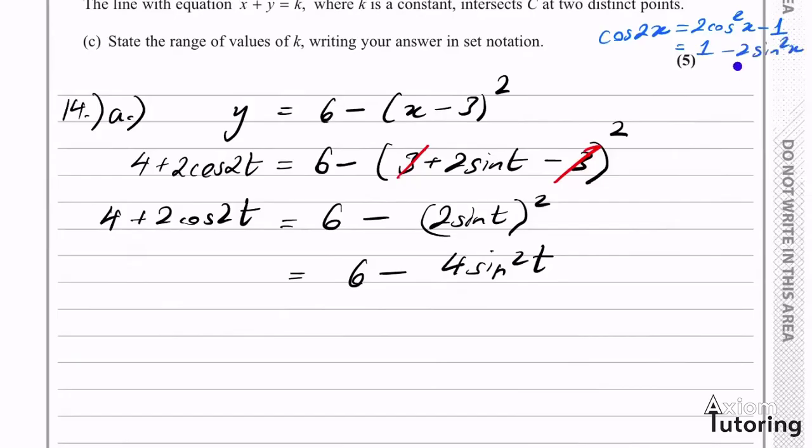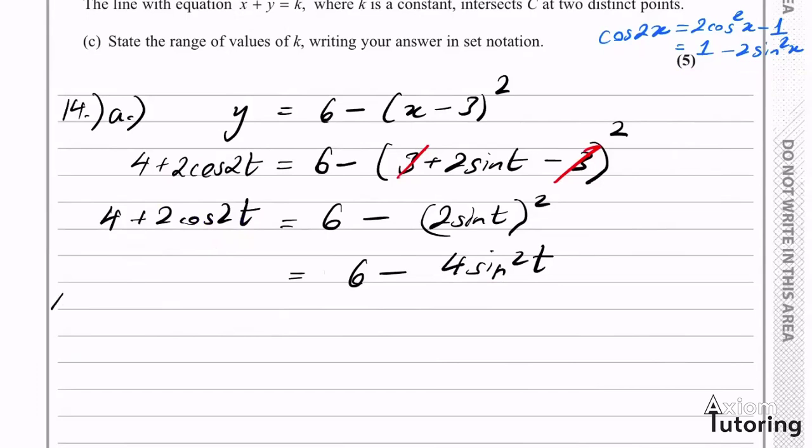Now, this is the one I'm going to choose. This is the double angle formula I'm going to use, because there's a sine squared t on the right-hand side. So it might be useful for us to then also have a sine squared t on the left as well. And that way we can see if they match.